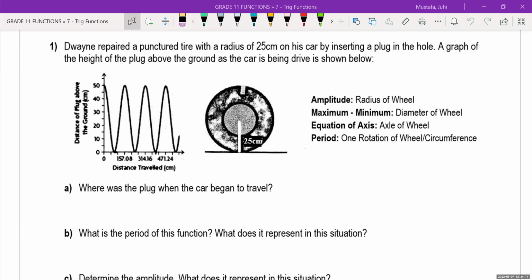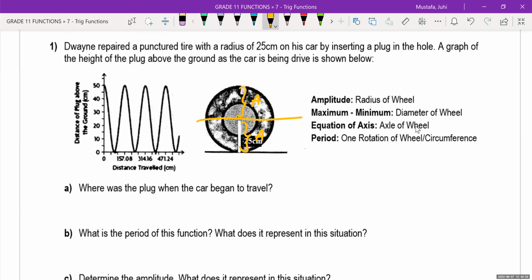And there are a couple of features that you can have on a wheel that are related to a graph. And this is the most important part. So the amplitude on a graph is the radius of the wheel, which makes sense, right? Because technically, if this is the equation of axis, then this is the amplitude, and this would be the amplitude.